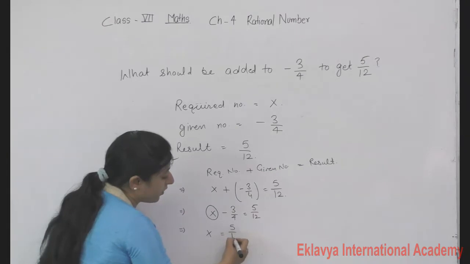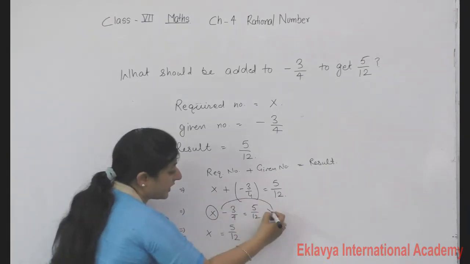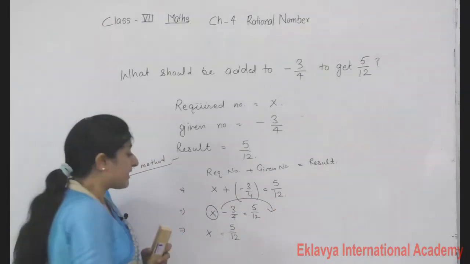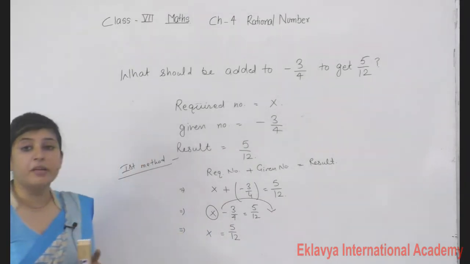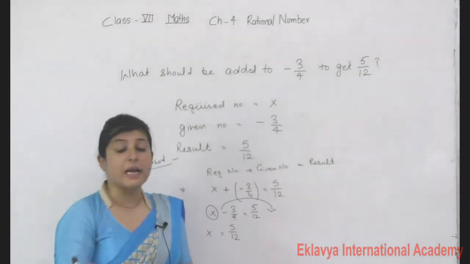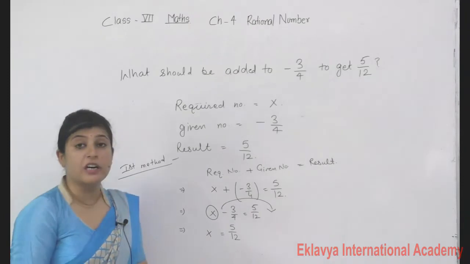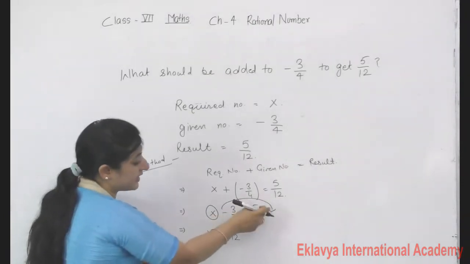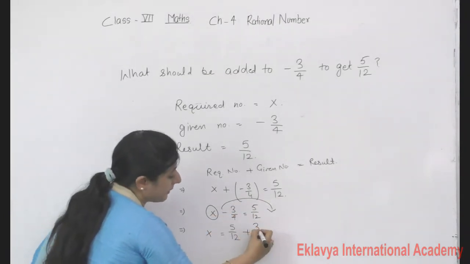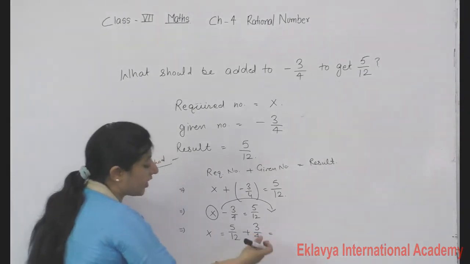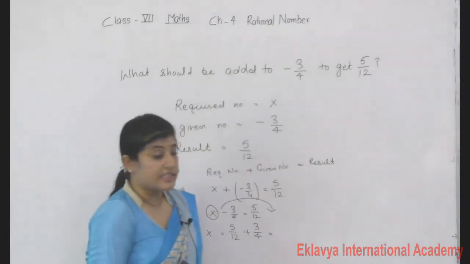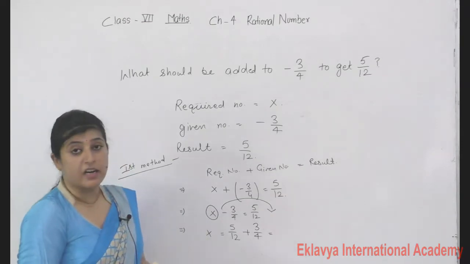So how to solve? When you shift here, then our plus sign will be changed into the minus and minus sign will be changed into the plus. Here is minus, it means it will change into the plus. Now similarly addition, same type of addition. Now take the LCM.